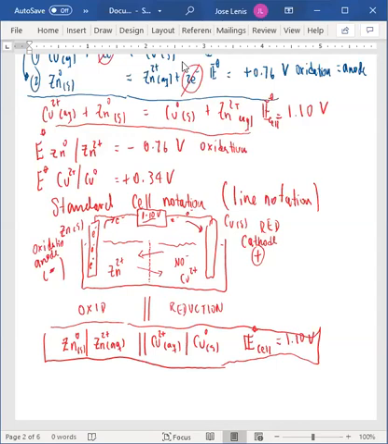So again, always start with the oxidation, the metal. This is the phase, one line. The interface with the solution containing ions of the metal. Then the salt bridge, the double bar. Then the solution containing ions of the metal. And here another bar represents the separation, the interface between this metal and the solution.